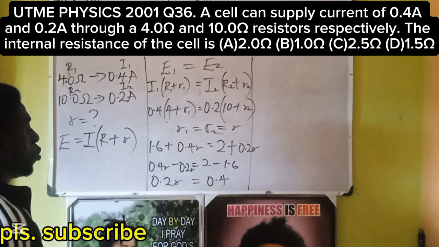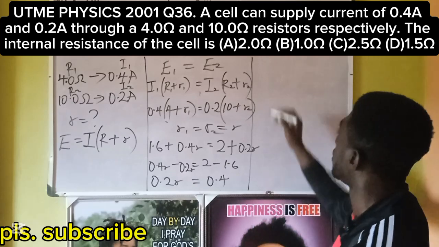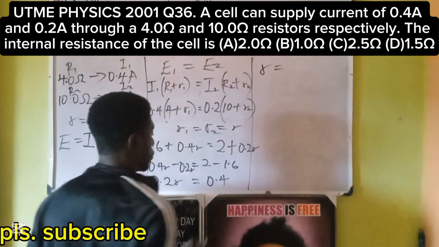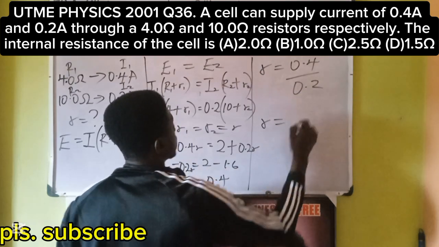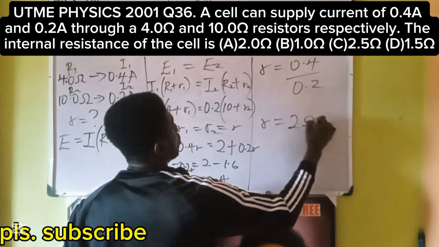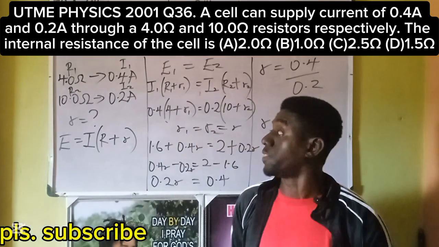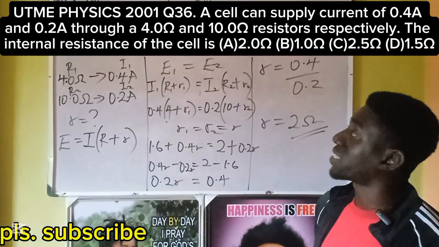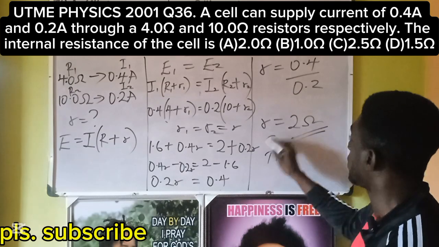Then we make r the subject of the formula. Divide both sides by the coefficient. r becomes equal to 0.4 divided by 0.2. r is equal to 2 ohms. We can see from our solving that the internal resistance of the cell is 2 ohms. Going back to our options, the best option there is option A.